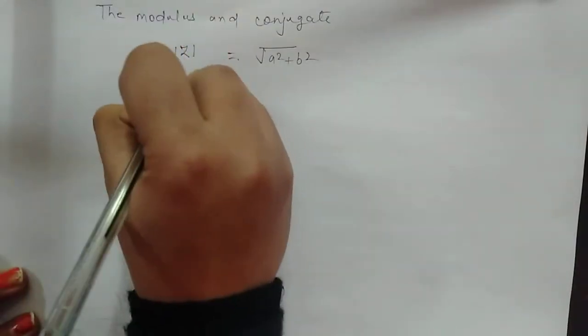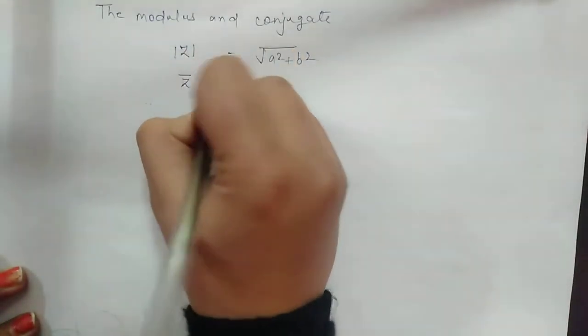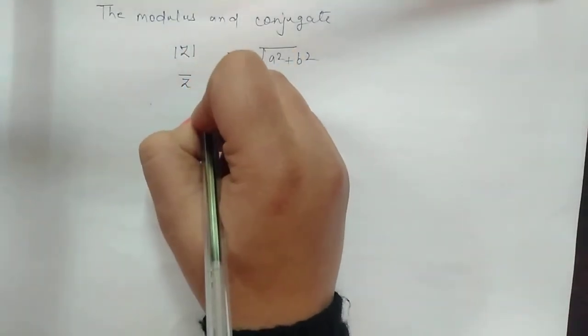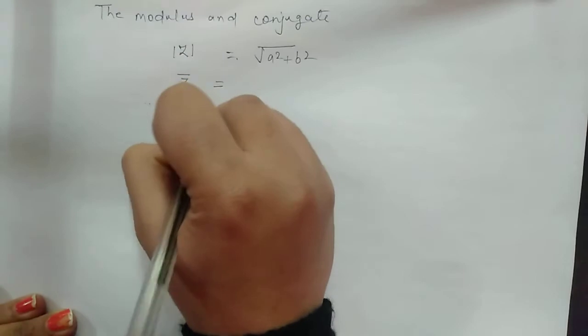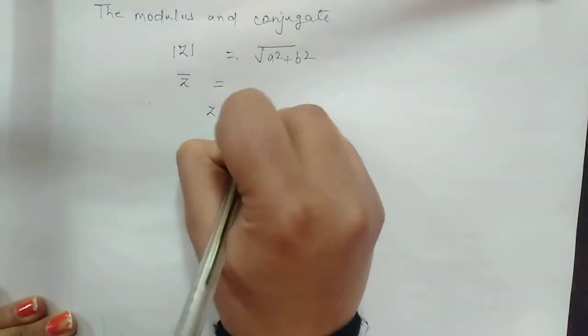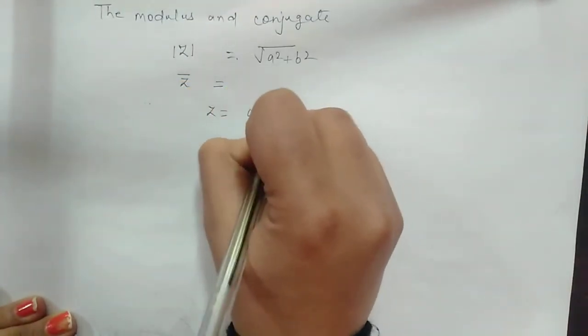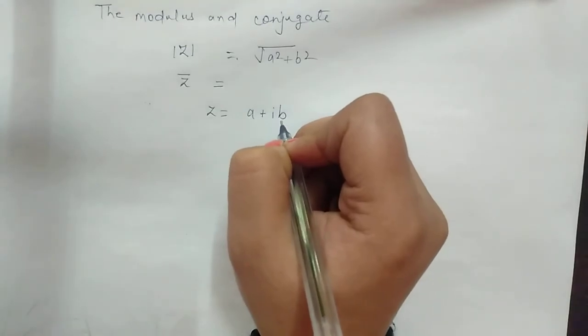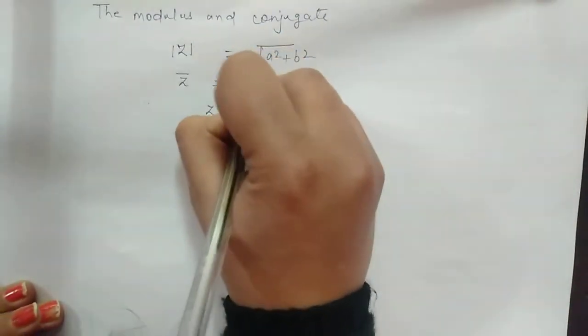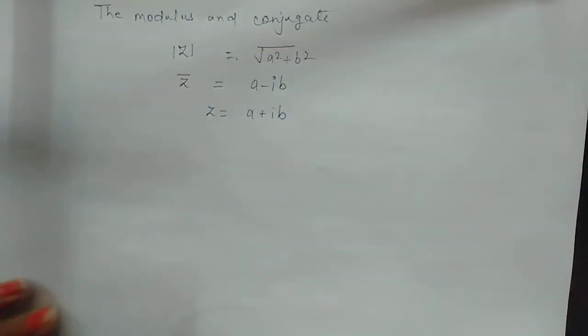And if we have to find the conjugate, that is z bar, if we have z as a plus iota b, then we have the conjugate as a minus iota b. This is the modulus and conjugate.